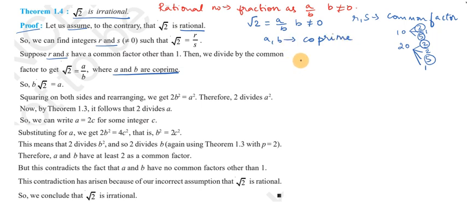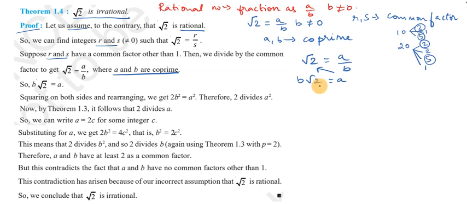In that case we can write root 2 is equal to a by b. When you multiply, you get b root 2 is equal to a.